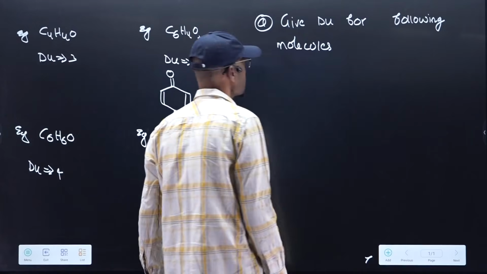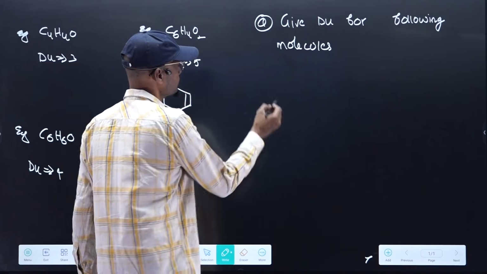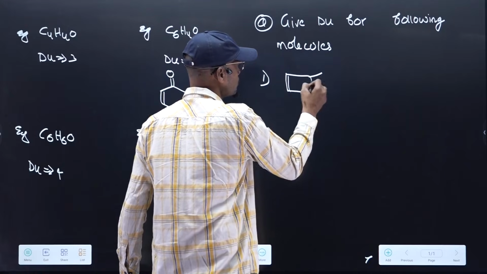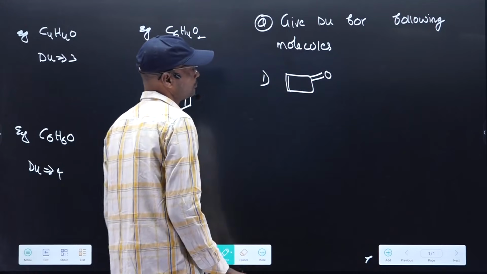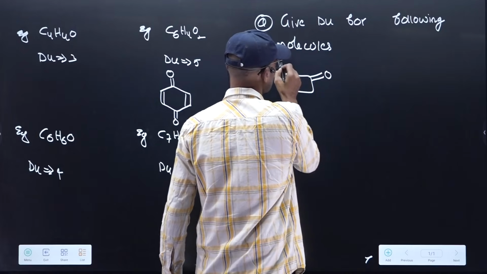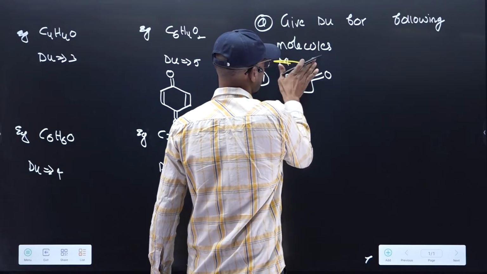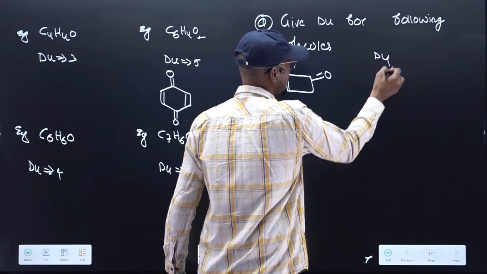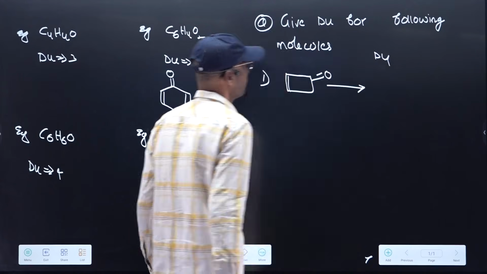So what is DU for this? So this is DU, you write down. DU column. This is a molecule.